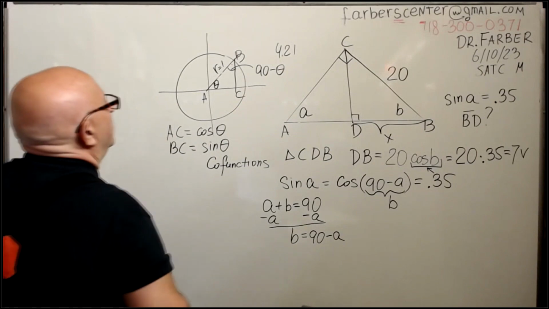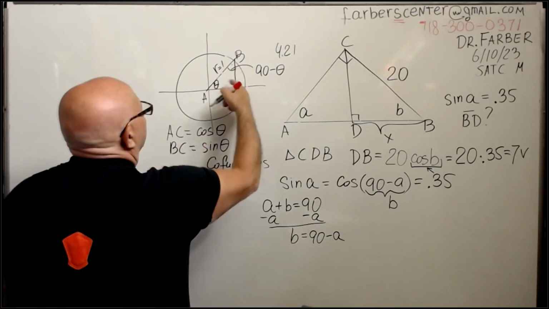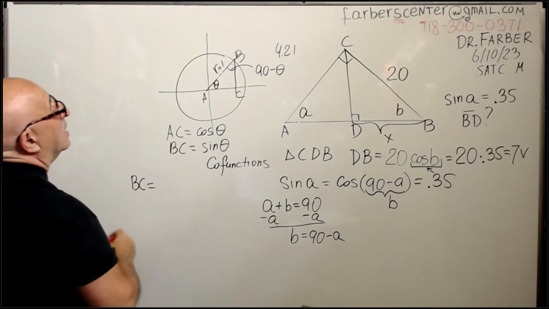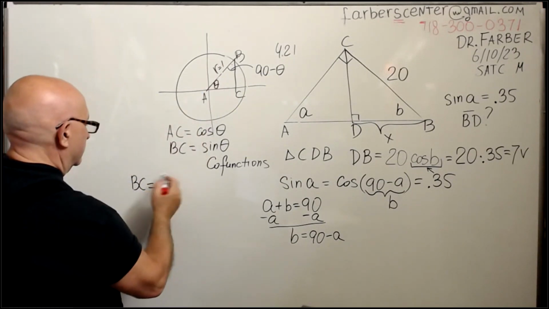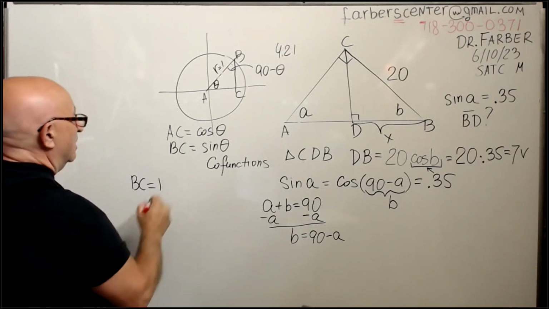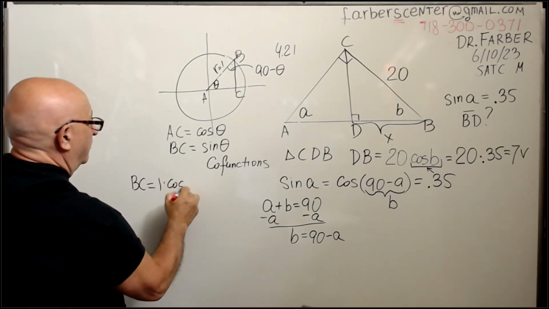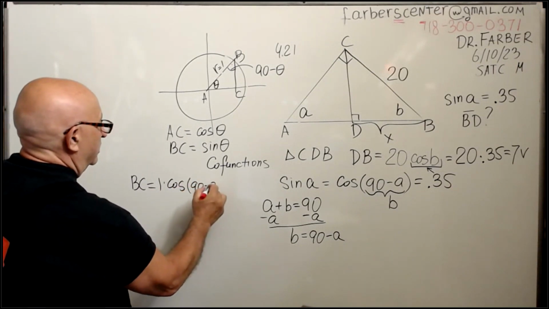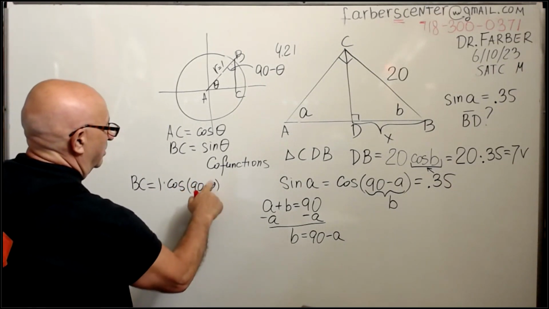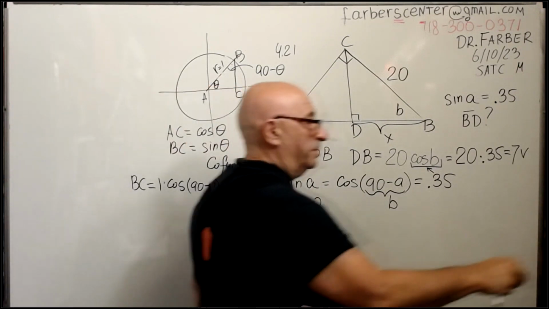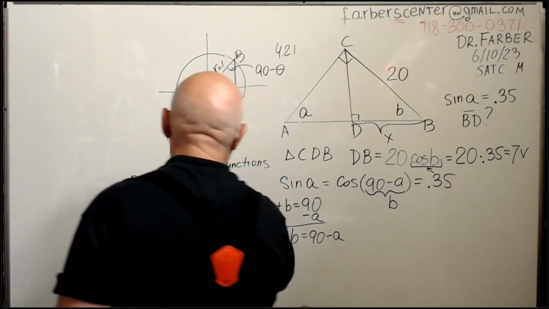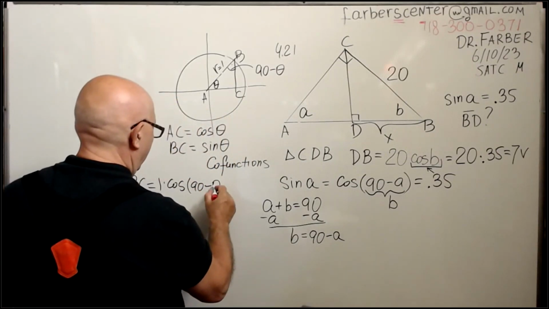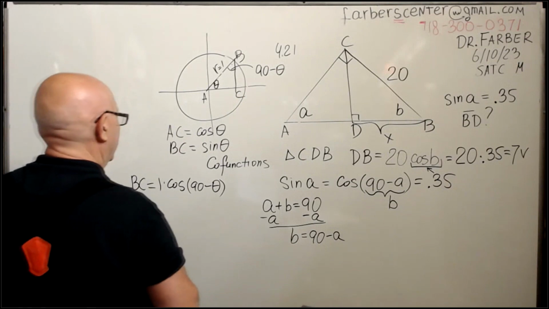If you want to find BC from this perspective, BC equals radius, which is 1, multiplied by cosine of 90 minus theta. Adjacent. I just visualize this, you never forget. Now compare right side and left side.